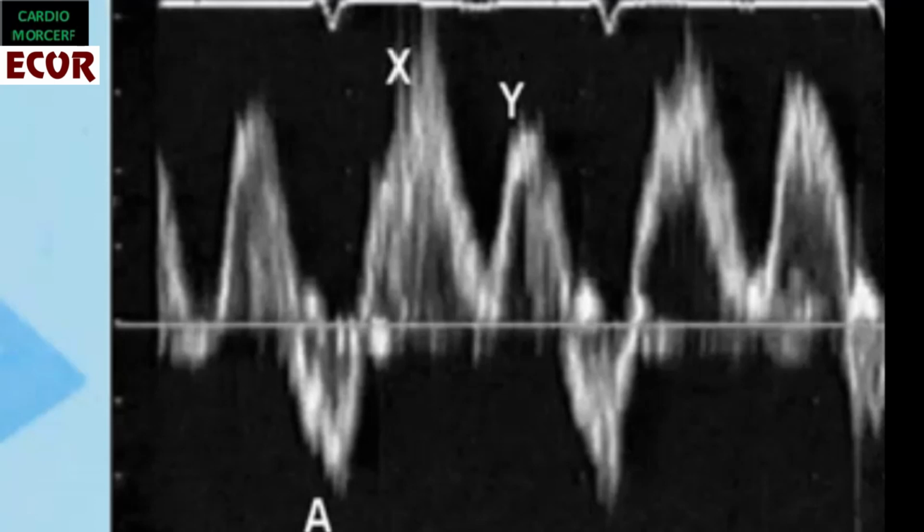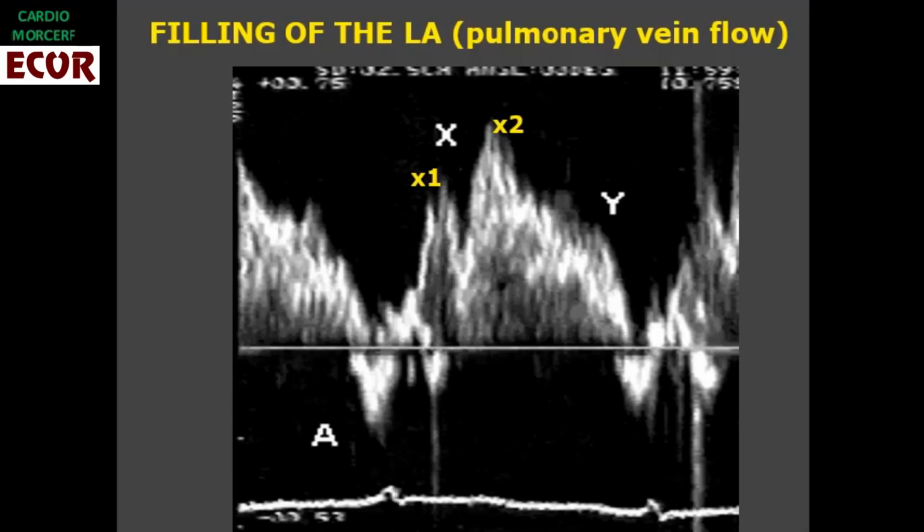Since there is no valve between the left atrium and the pulmonary veins, during left atrial contraction, blood goes to the left ventricle, but we also see a reverse flow back to the pulmonary vein, the A wave, also called the A reverse.